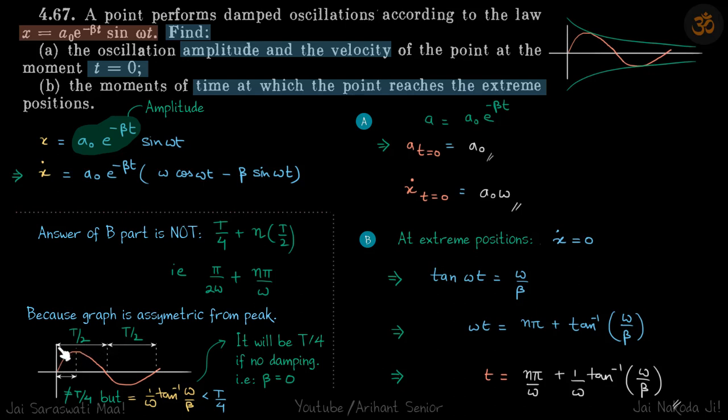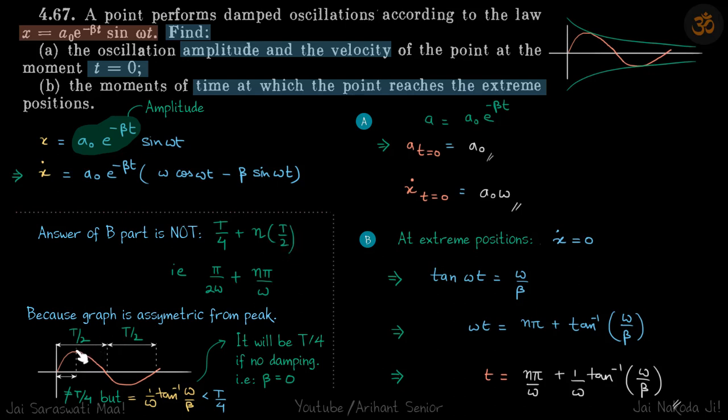So this is T by 2 from 0 to 0, then again from 0 to 0 is T by 2. But if you see the peak, this distance is not T by 4. As calculated, that distance is this much: 1 by omega tan inverse omega by beta. This term, however, is the same, and that just represents n times T by 2.